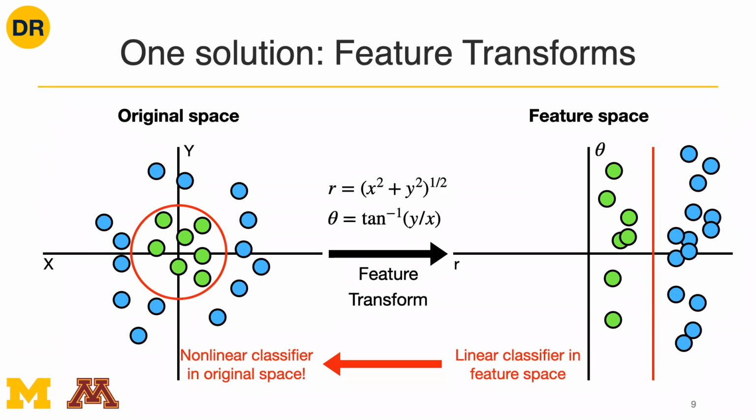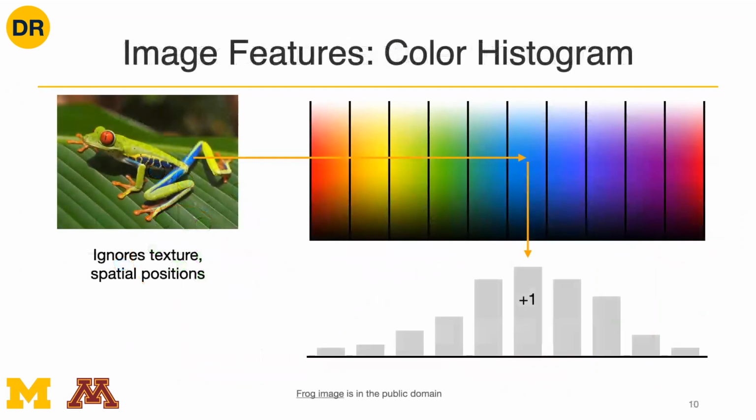One common feature transform that people have looked at for many years is just looking at a color histogram. For instance, let's say you have the image of a frog. All you are doing is you have this color spectrum. You're dividing that into a finite number of bins, in this case, 10 bins.